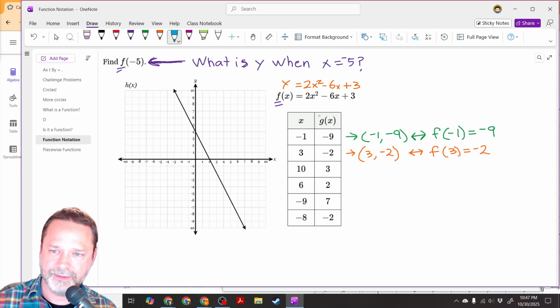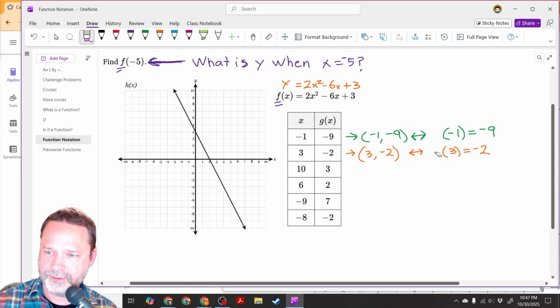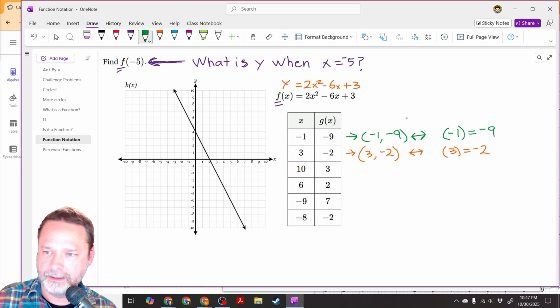I'm so used to using f, but this is g. So let's fix that. Both of these should have been g. So that's my bad. g of negative 1 equals negative 9 because I'm doing g here. And this is g of 3 is negative 2 because this is g. I should be using g.